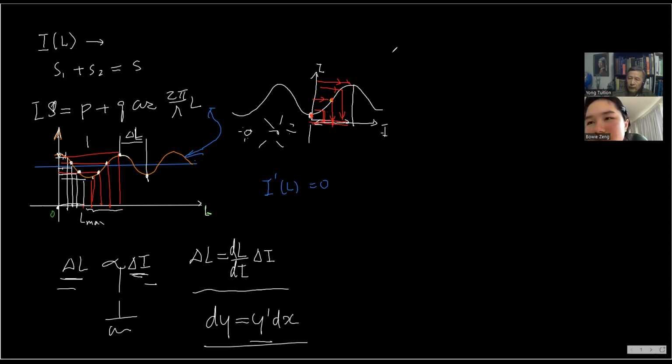In terms of wavelengths, when we see this, what is the peak to peak distance from this formula? What is lambda? Yes, that's lambda. So with confidence, delta L is just half lambda.